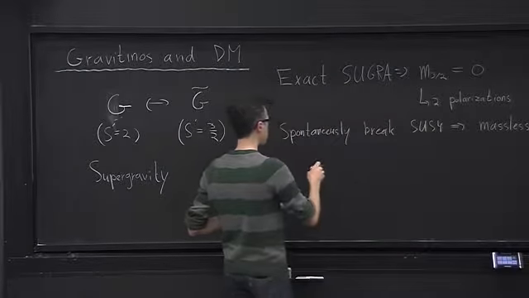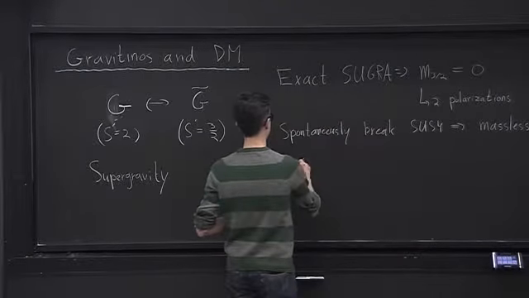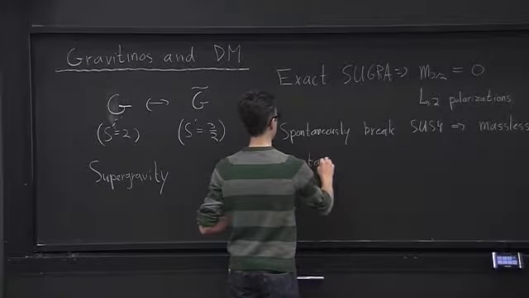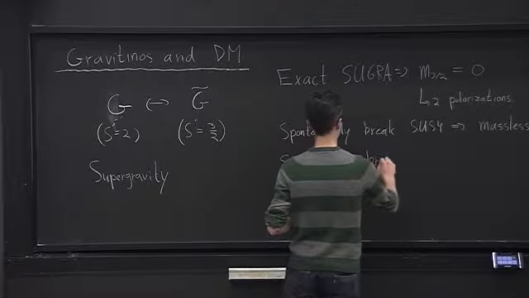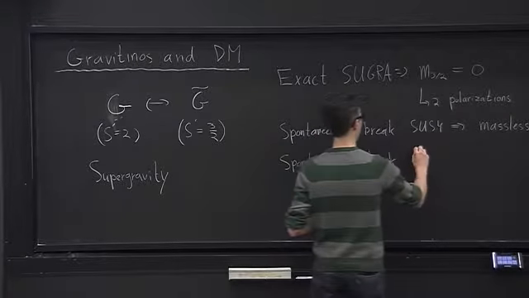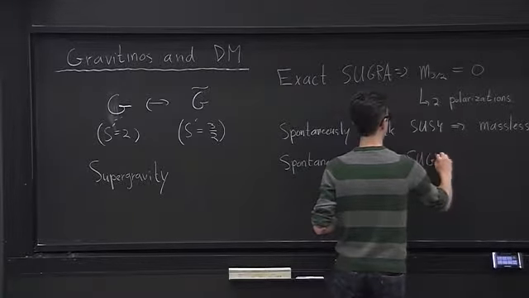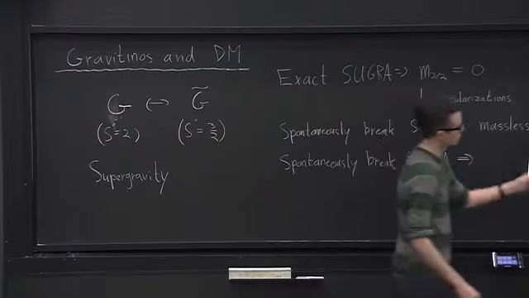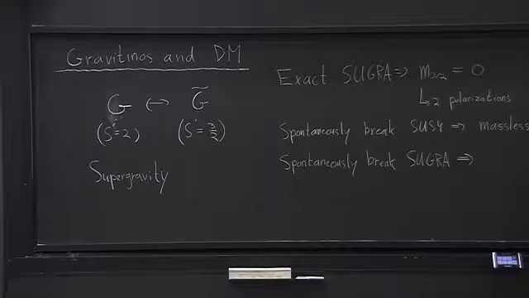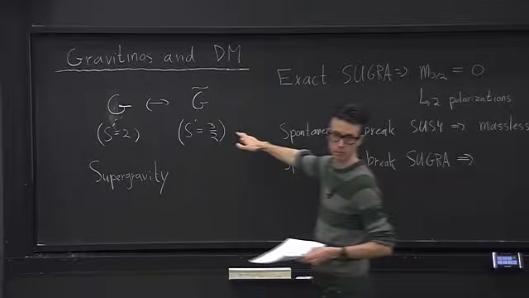So when I spontaneously break the local symmetry of supergravity, what happens is my Goldstino, which would be massless if I were looking at global supersymmetry, gets eaten, and the thing that eats it is the gravitino.